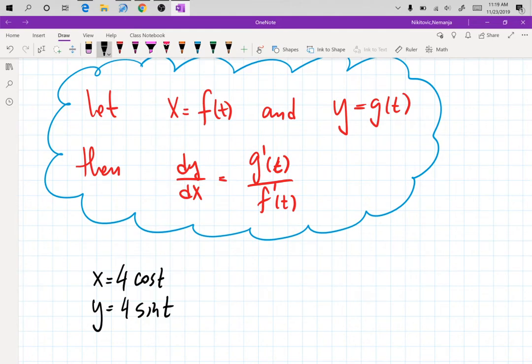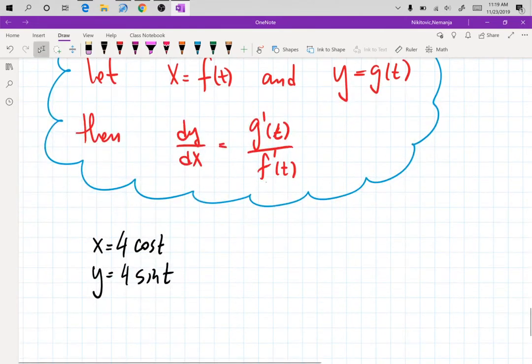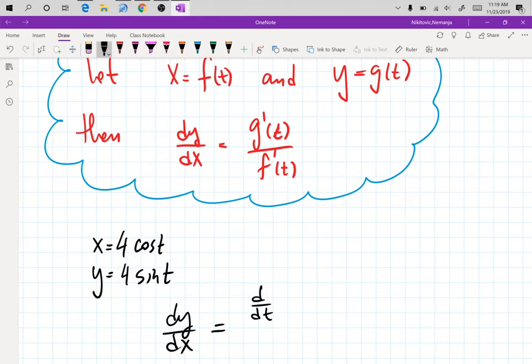So dy dx will be the derivative with respect to t of 4 sine t, because your y is the second equation. And you are looking for dy on top. So many face palms on flipping them.